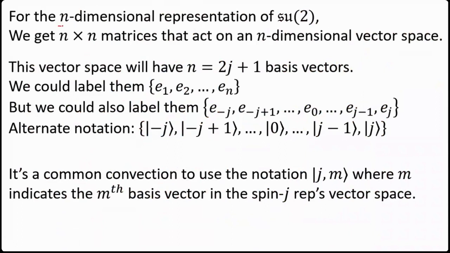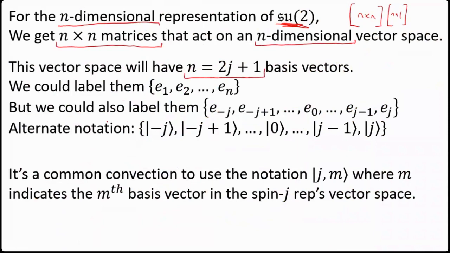Okay, so let's say that we want to get an n-dimensional representation of SU2. Those are n by n matrices that would act on an n-dimensional vector space. So this would be n by n, and it would act on n by 1 vectors. So the vector space would be n-dimensional.